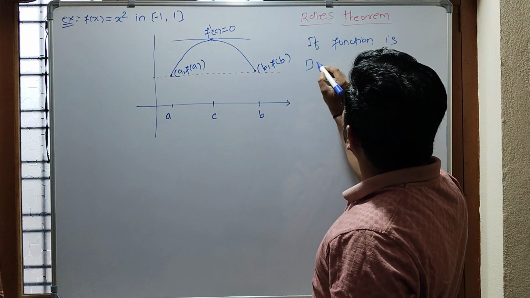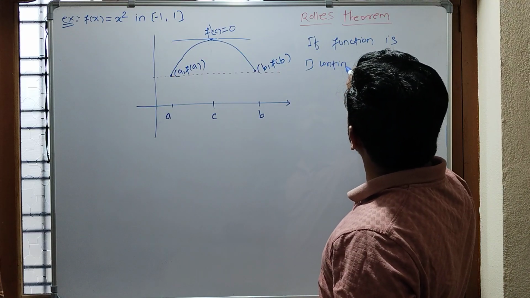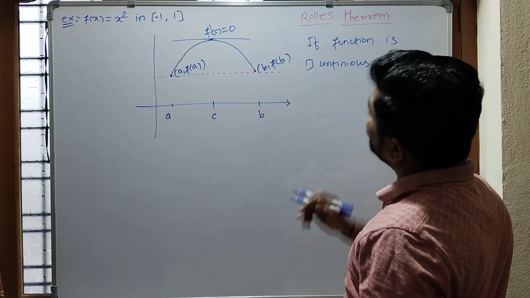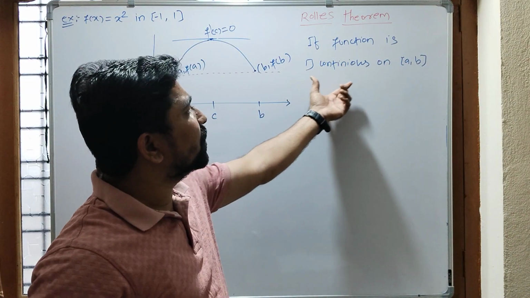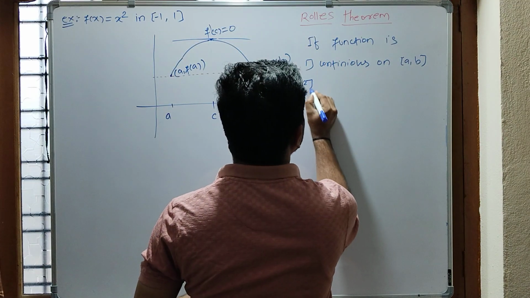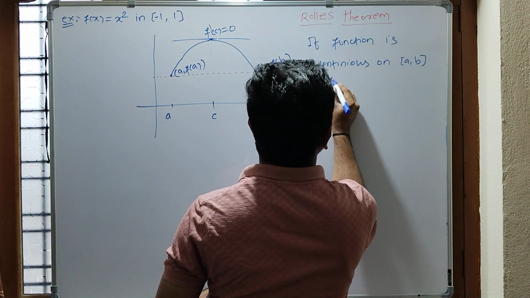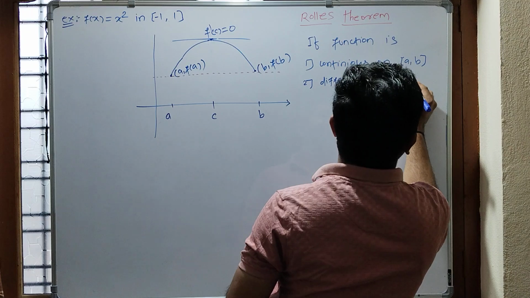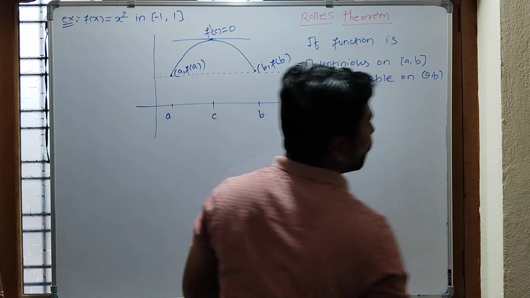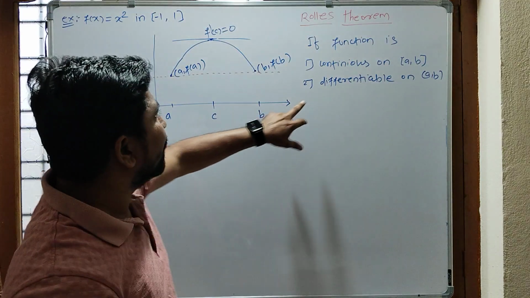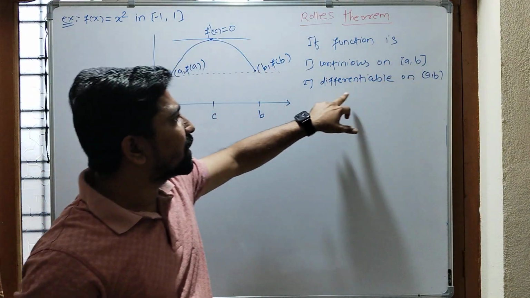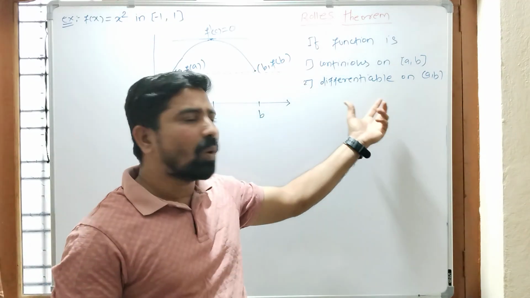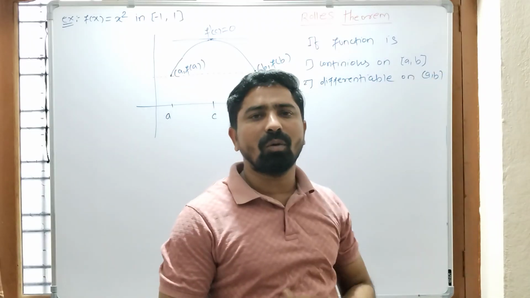So Rolle's theorem says that if the function is, first condition, continuous on the closed interval [a, b], and second condition, differentiable on the open interval (a, b), meaning f'(x) exists for all x in the open interval (a, b).